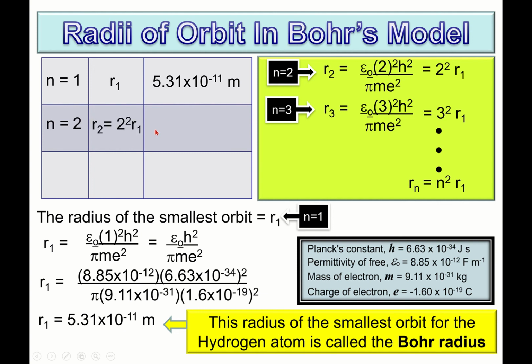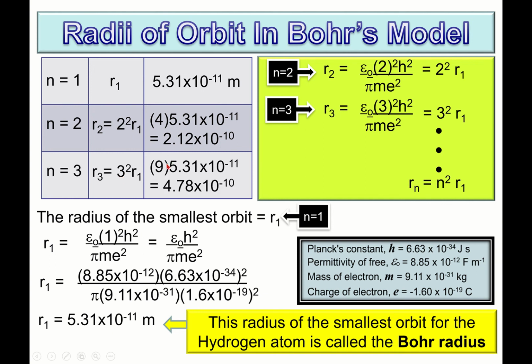For n equals 2, r2 is 2 squared times r1. So we substitute r1 into here, and we get 2.12 times 10 to the power of negative 10 meter. And for n equals 3, r3 is 3 squared r1, so it becomes 9 times 5.31 times 10 to the power of negative 11. So we get 4.78 times 10 to the power of negative 10 meter.